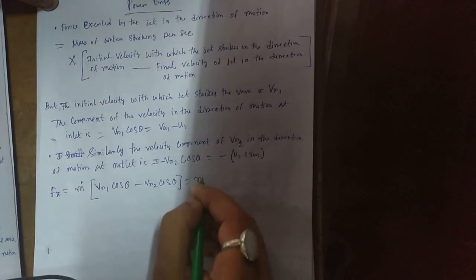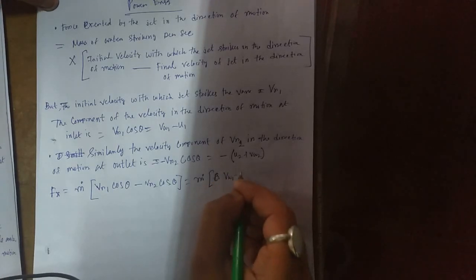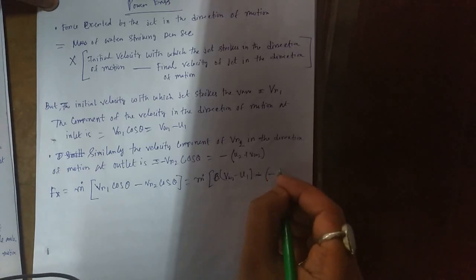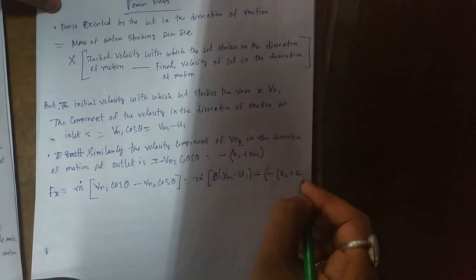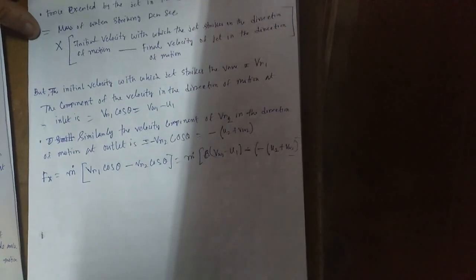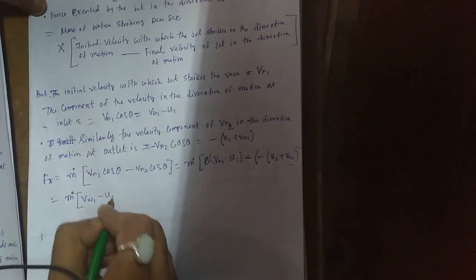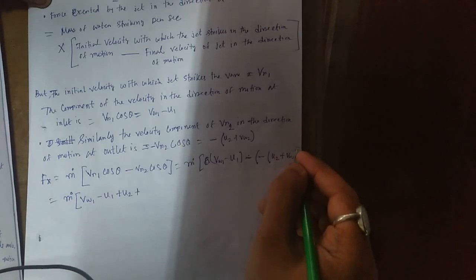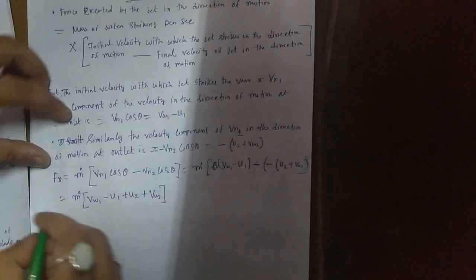That is m dot into VW1 minus U1 minus of U2 plus VW2, which equals m dot times VW1 minus U1 plus U2 plus VW2, and that is Fx.